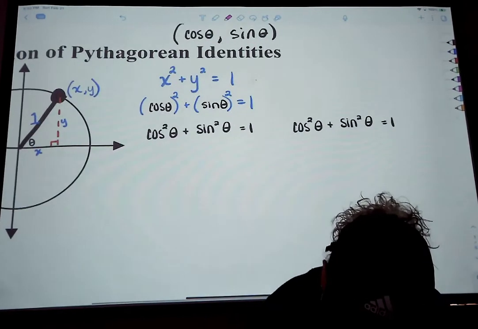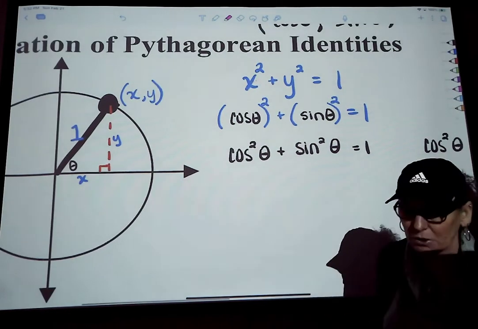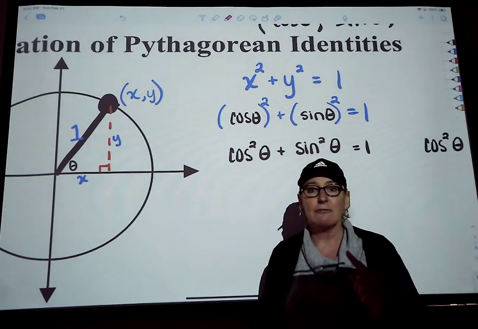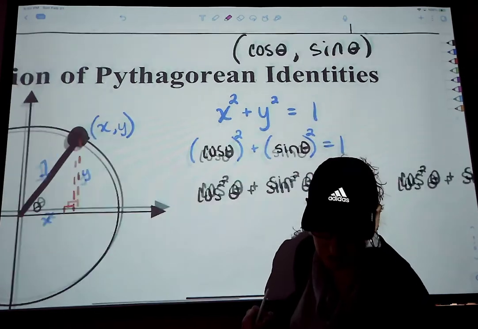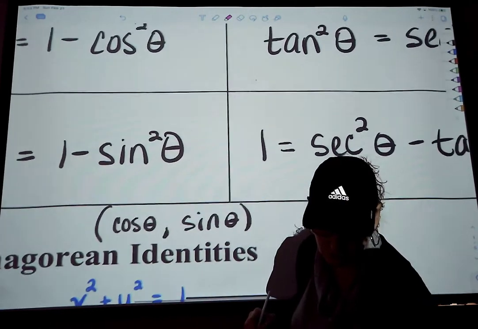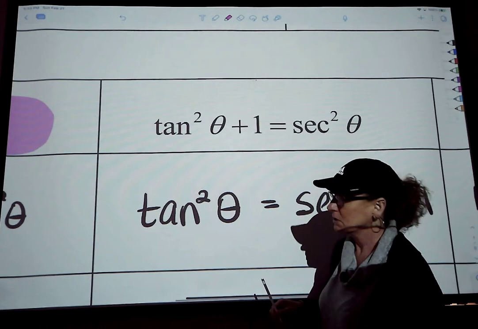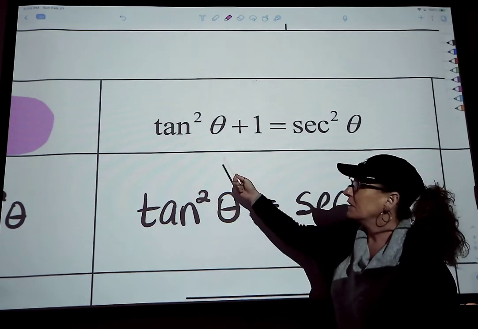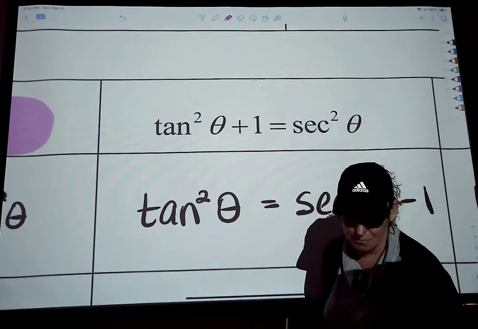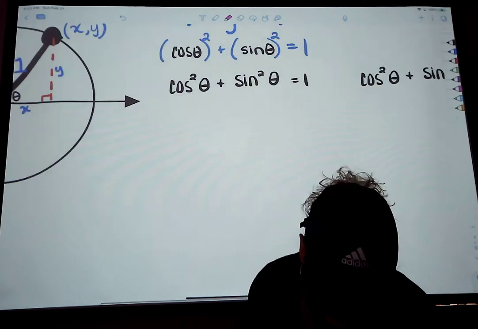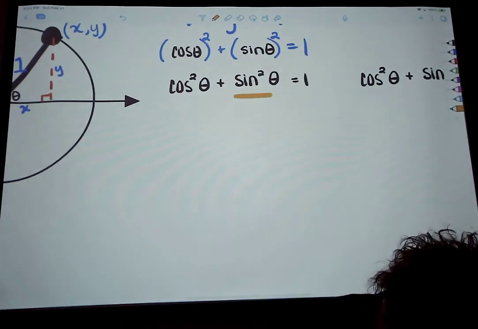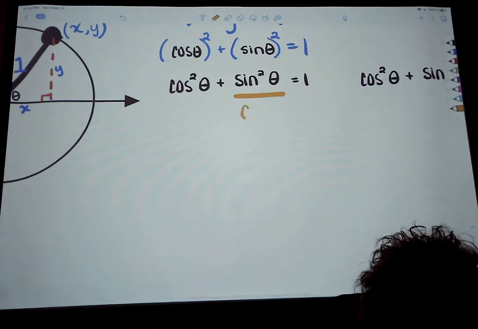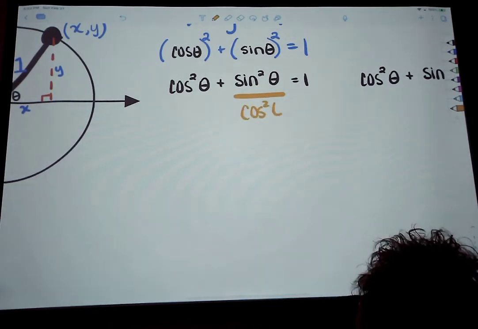So I've got cosine squared plus sine squared equals 1. Now think about this. This one involves tangent squared. So what if, to get a tangent, what if I tried to divide this term by cosine squared of theta?